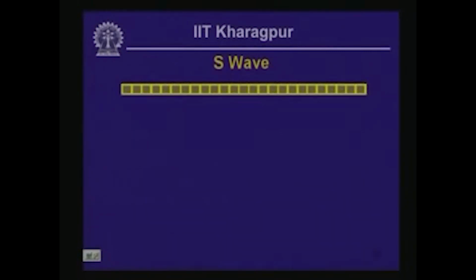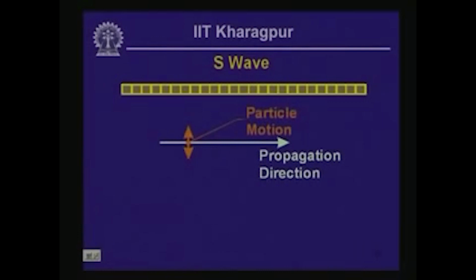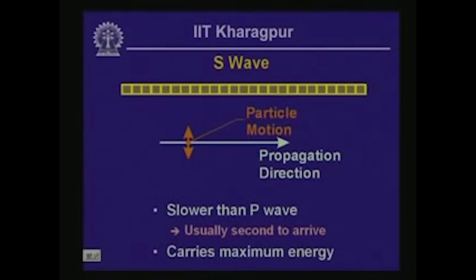So this is called the S wave, and here you have the propagation direction like this, but the particle motion is taking place in a direction transverse to the direction of propagation of the deformation wave. It is slower than the P wave, usually second to arrive at a given site, and it carries maximum energy during an earthquake.